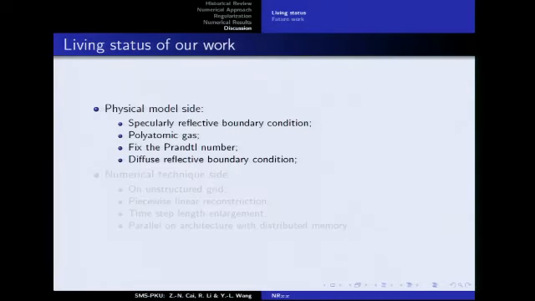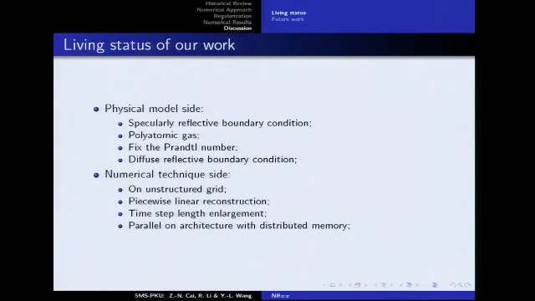Yeah, so we are working on some other related things, because there are too many things to do. Such as different kinds of boundary conditions, and polyatomic gas, and we are trying to fix the Prandtl number using the Shakhov model.